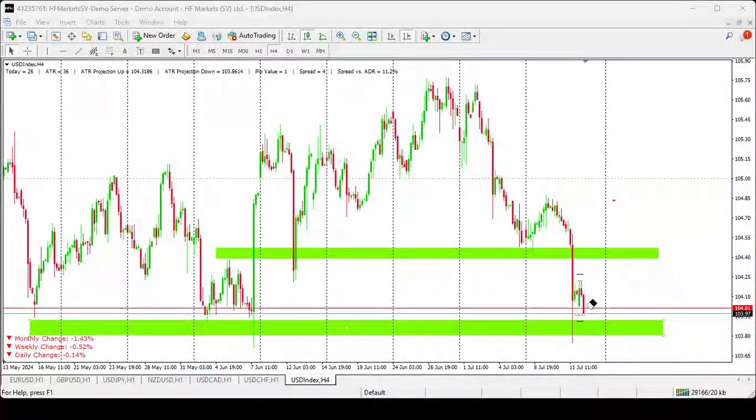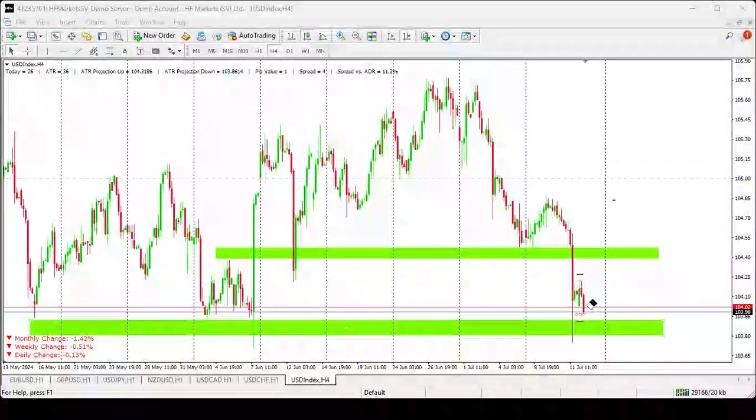Another major thing outside the central bank aspect, outside the monetary policy aspect, the central bank decisions on interest rates, the speakers, another important part of trading the US dollar that you must also know is you must give respect and reference to data.